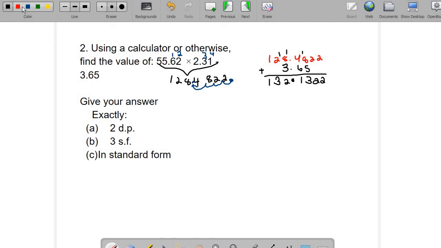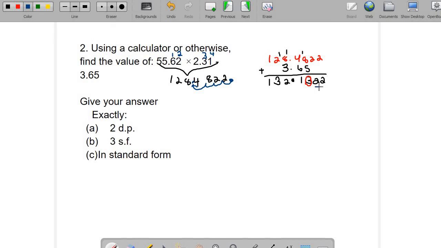Okay, so how do we round? You're going to start by identifying the digits in the place value that you're rounding to, or the number of place values you're rounding to. Okay, we're asked to round to 2 decimal places, so I'm going to just circle the number in the second decimal place. Once you're finished with that, you're going to look at the digit behind it. So the digit behind it is 2.